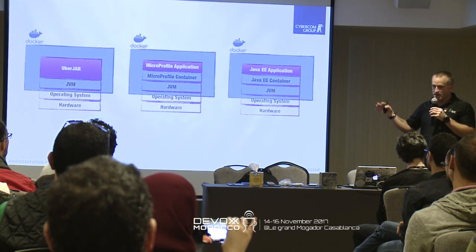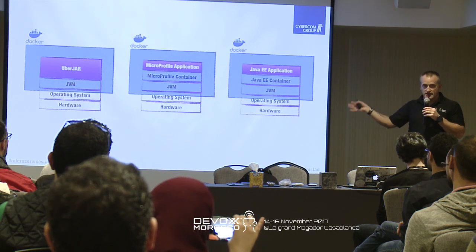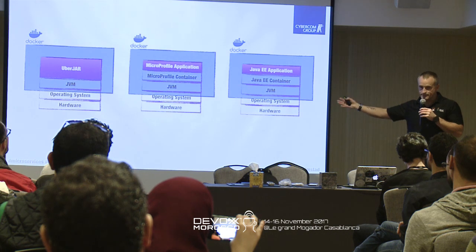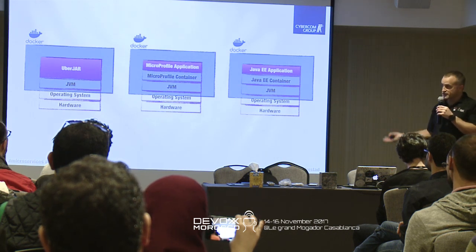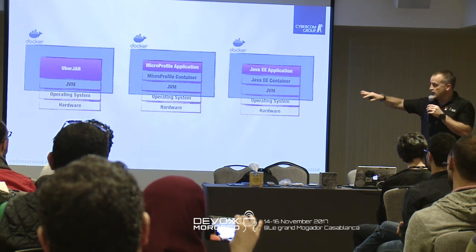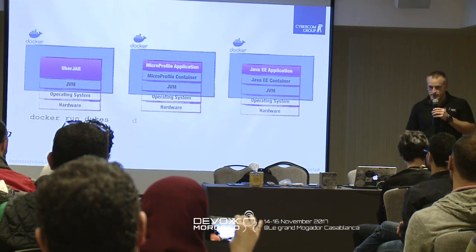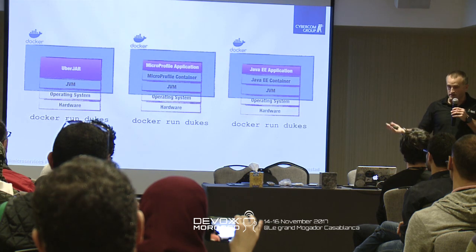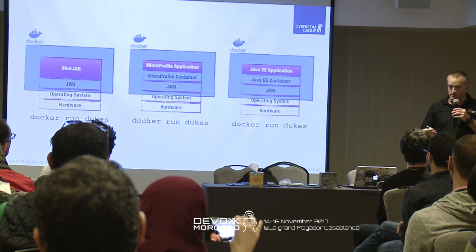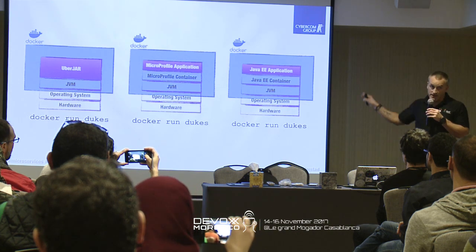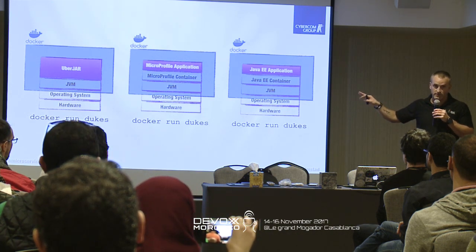So we package our applications into a Docker image and run it as a Docker container. And from the outside world, all of these are similar. All of them are run with docker run or using whatever orchestration framework you're using to run it. So here it doesn't matter how you package your services internally.